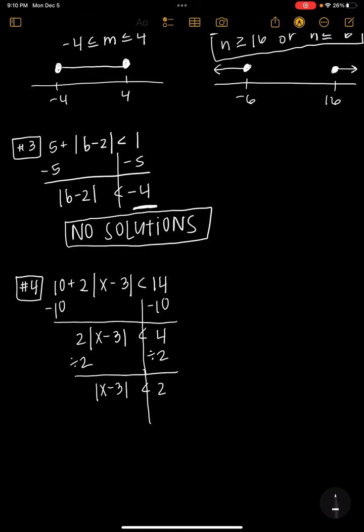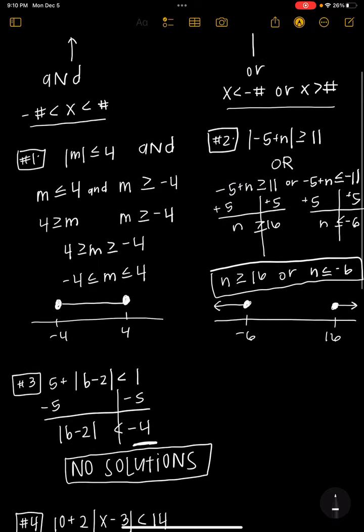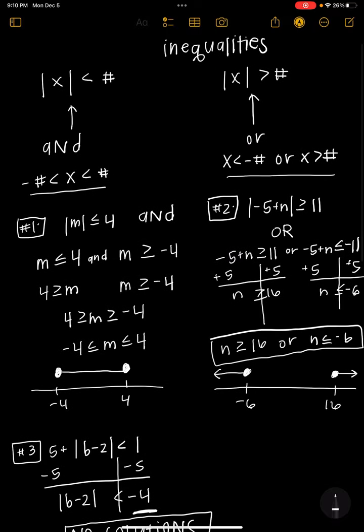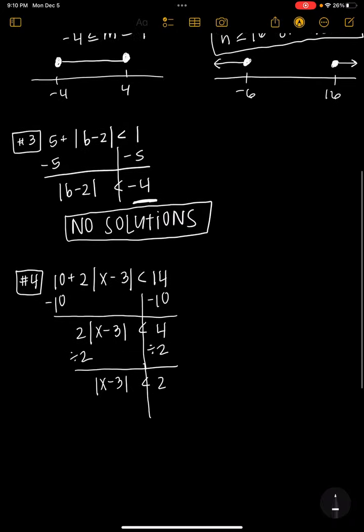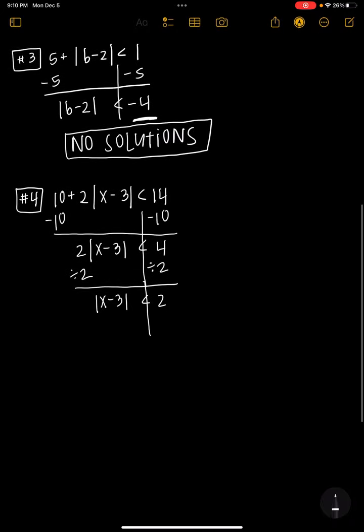Okay, so we know based on these rules that that less than sign means that it's an "and" inequality. So I'm going to write my two equations. I'm going to say x minus 3 is less than 2 and x minus 3 is greater than negative 2. Okay, so now we just have to solve both of those.